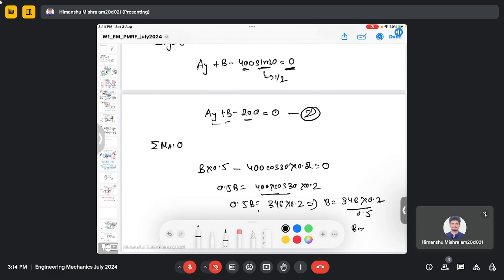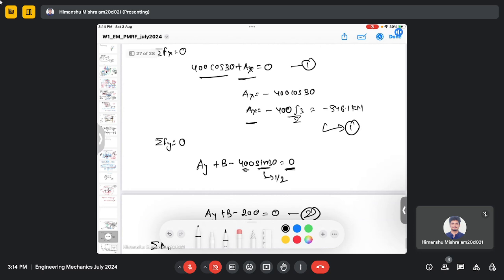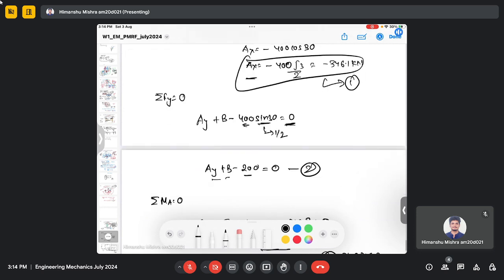So B will be around 140 kilonewton. So we know B now, and we already found AX as well. So now we can use equation 2 to calculate AY.